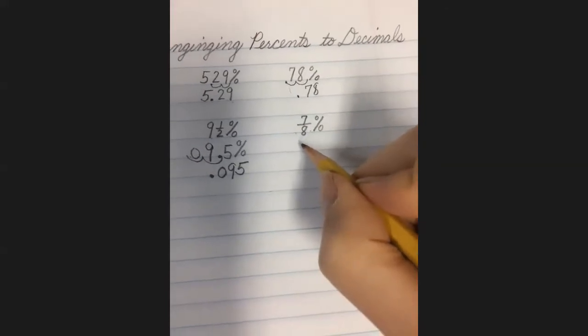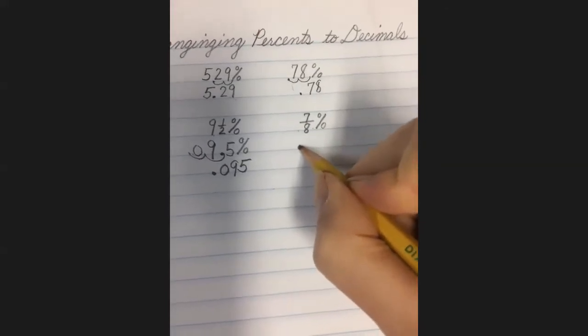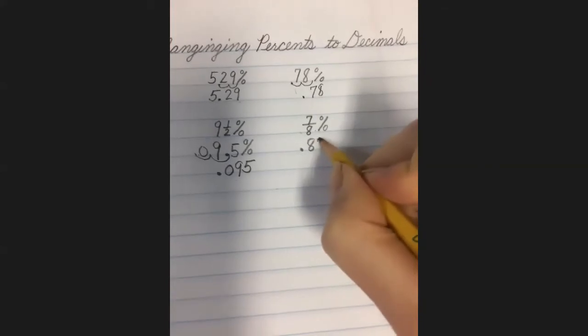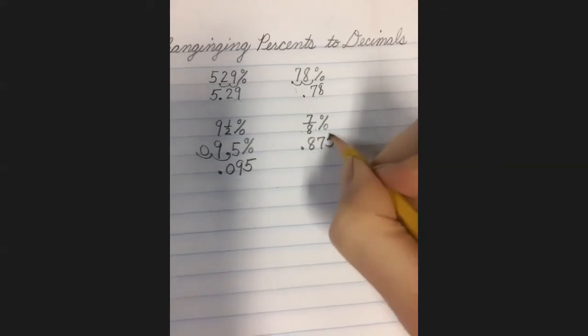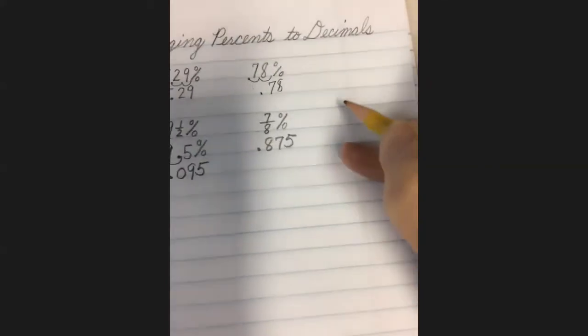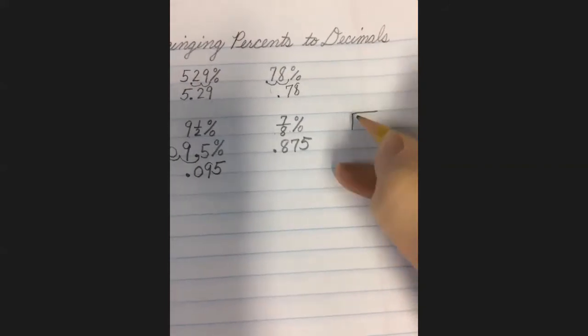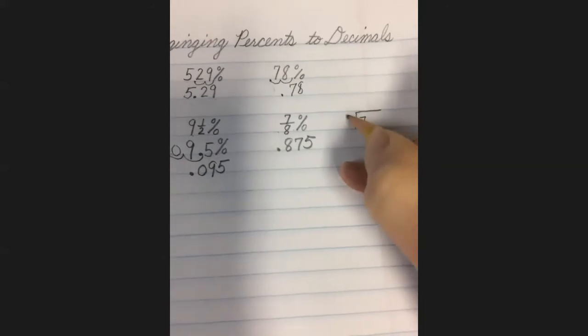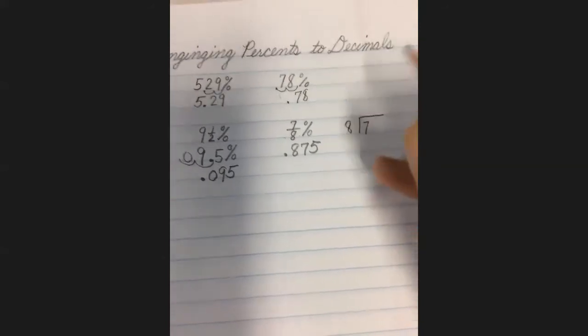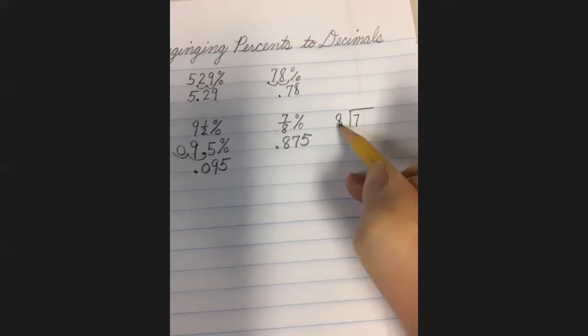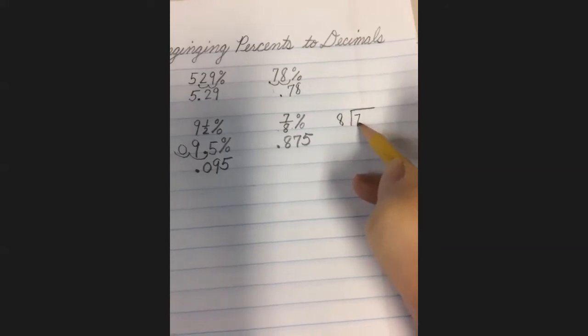Let's go to the next one. 7/8. What is the decimal equivalent? 0.875. Did you know that? If not, because that is one that many might not have memorized, notice which one goes outside the division box, called the divisor, and which one is inside, called the dividend.